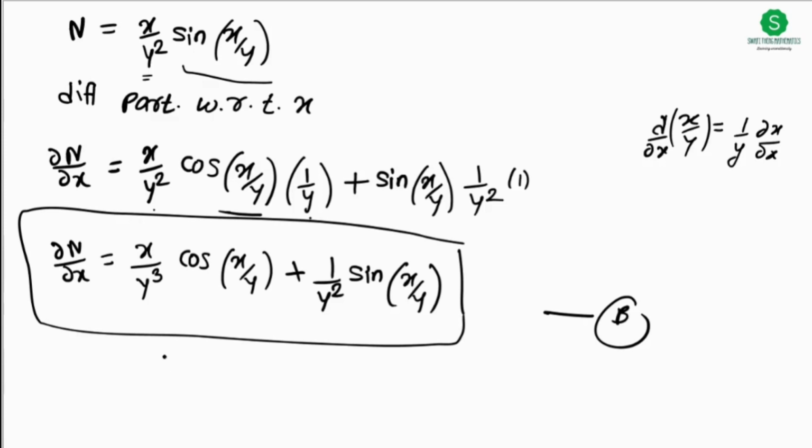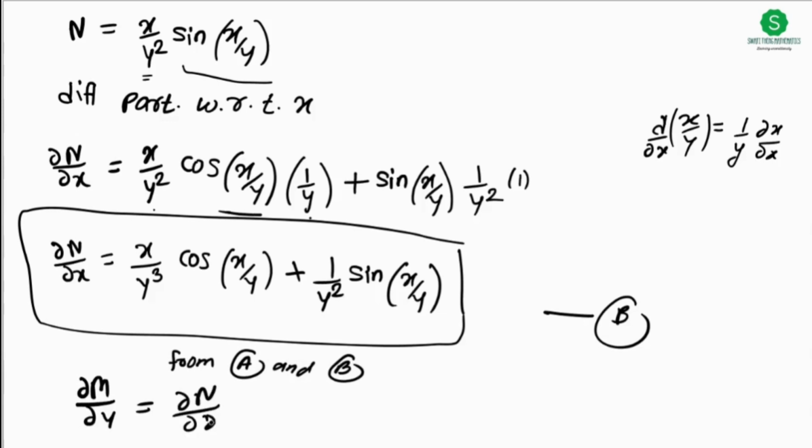So right hand side of equation a and b is equal, so from equation a and b del m by del y is equals to del n by del x, and this implies given differential equation is exact.